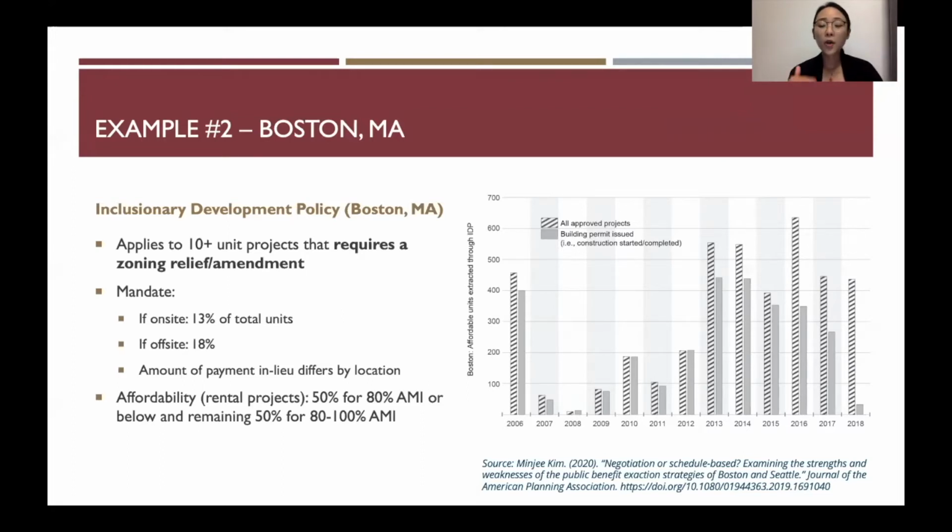And it applies to any project over 10 units that requires zoning relief or amendment. However, in Boston, almost all projects have to require a zoning relief or amendment to get built. And that has been intentionally kept that way.